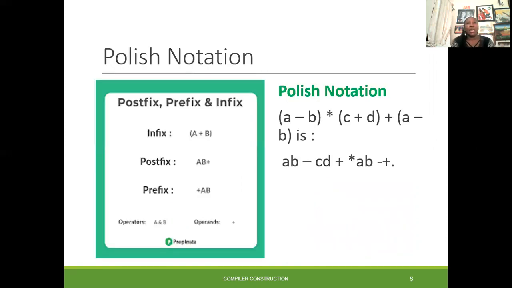Now, apart from the abstract syntax tree, we also have the Polish notation. And the Polish notation is made up of three variants. You have the infix notation, you have the postfix notation, and you have the prefix notation. Now, these are self-explanatory, just like their names. Talking about infix, you have the operator in between your operands. So here, what are your operands?